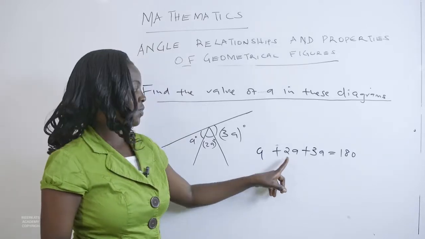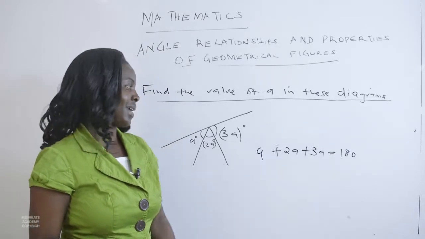So A plus 2A plus 3A should give us 180.